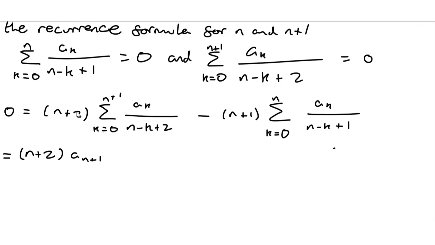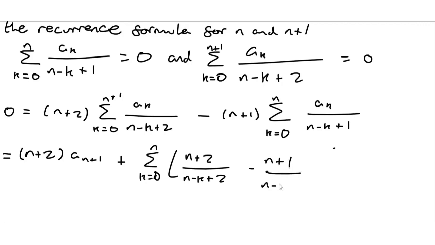We just add that on separately, and then we get plus the sum from k equals 0 to n of, and this is where we combine these two sums, (n plus 2 over n minus k plus 2 minus n plus 1 over n minus k plus 1), all multiplied by ak. Okay, so that looks alright.